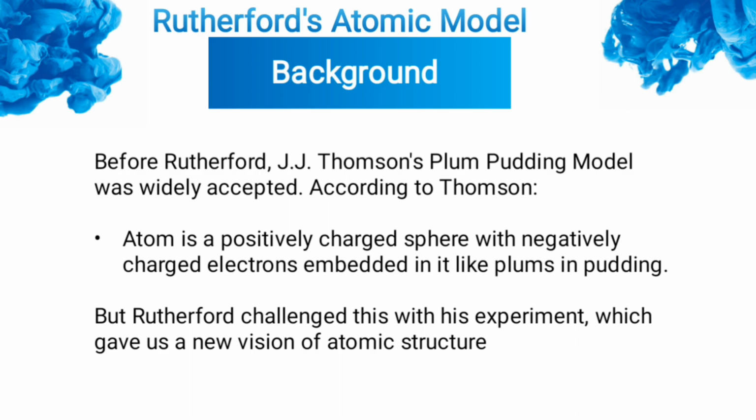According to Thomson, an atom is a positively charged sphere with negatively charged electrons embedded in it like plums in pudding. But Rutherford challenged this with his experiment, which gave us a new vision of atomic structure.